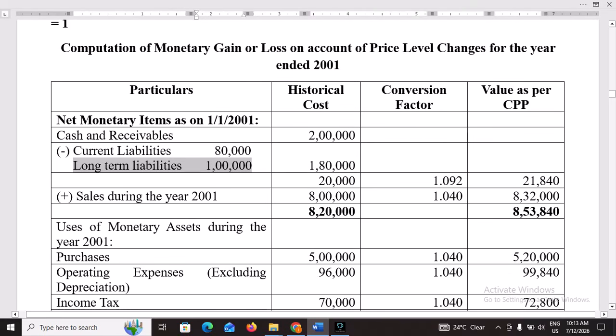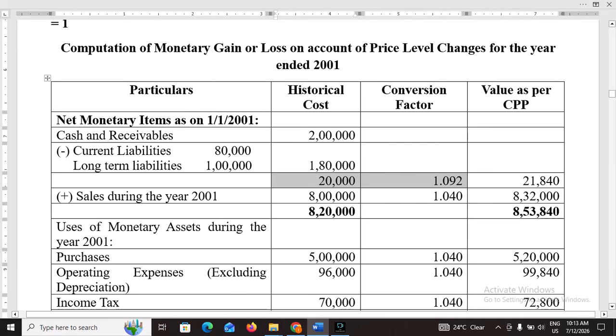Correct? So 80,000 plus 1 lakh is 1 lakh 80,000. So 2 lakh minus 1 lakh 80,000, you will get 20,000. Okay, this is the opening balance.